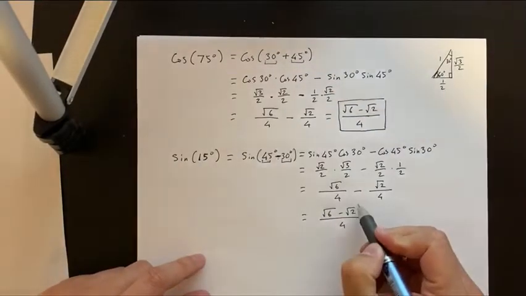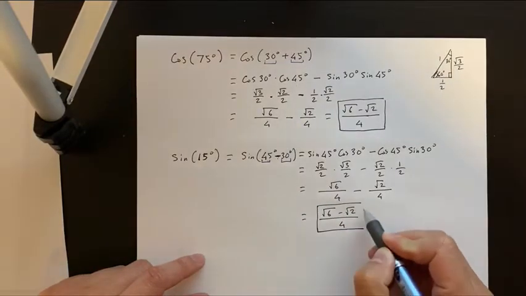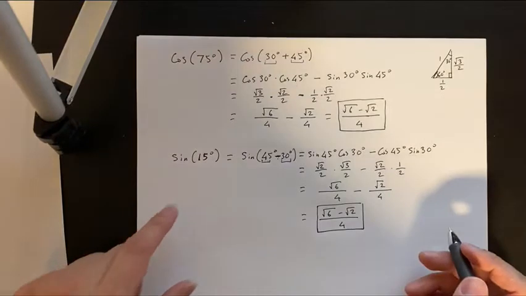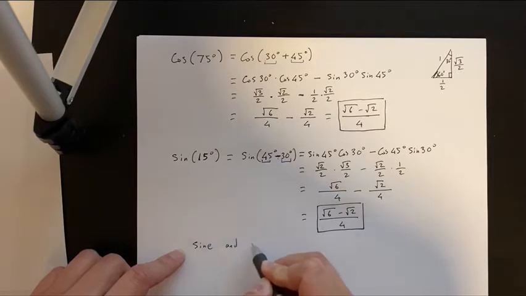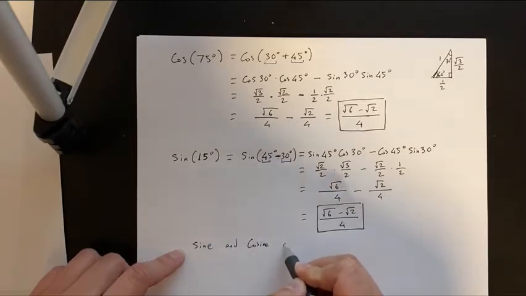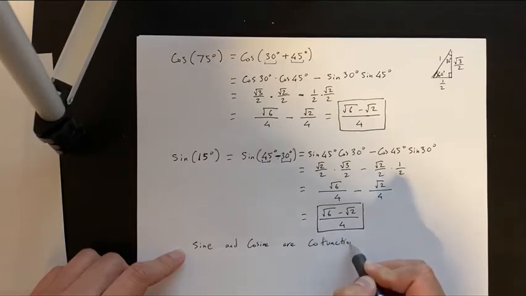Okay, so why would cosine of 75 be the same thing as sine of 15? Well, remember that sine and cosine are cofunctions of each other.